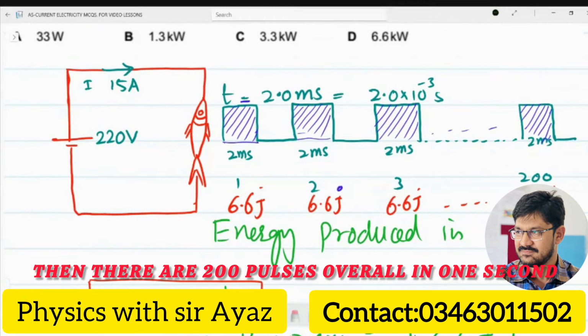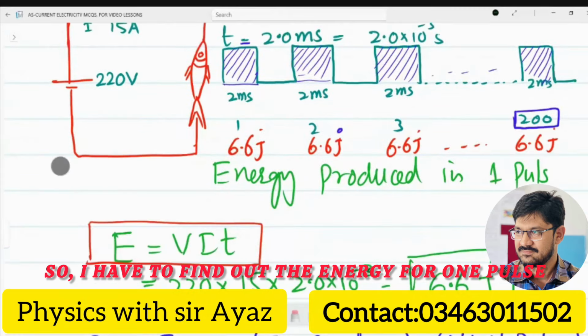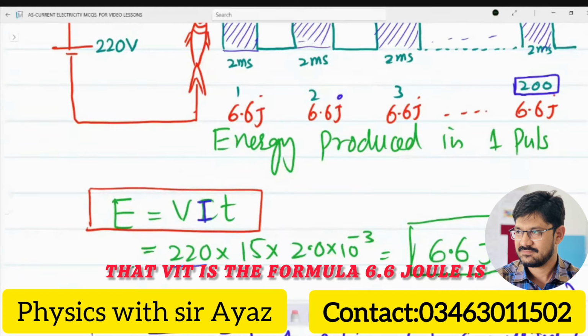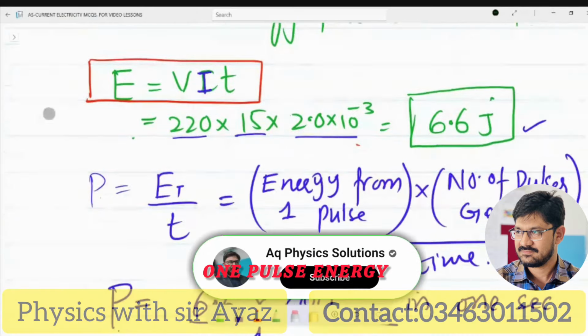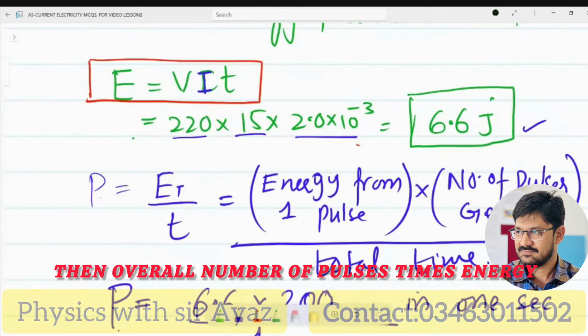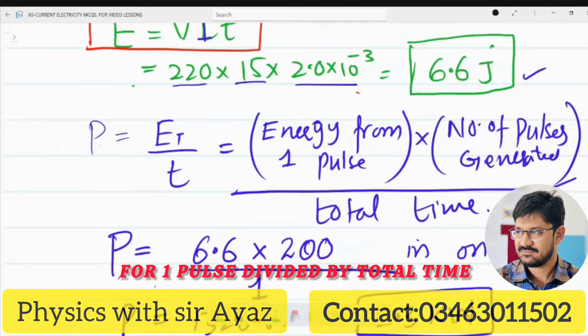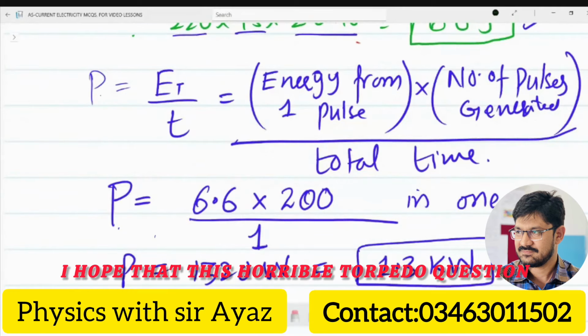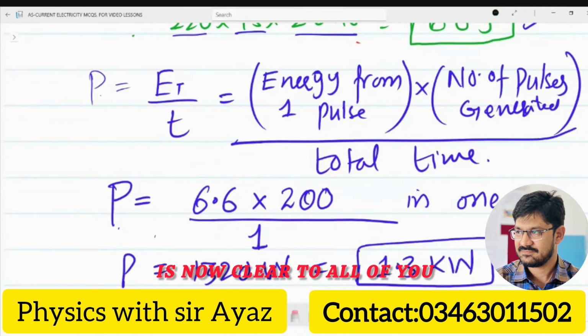Then there are 200 pulses overall in 1 second. VIT is the formula for the energy of one pulse. Then the overall number of pulses times energy for one pulse divided by total time. Total time is 1 second. So 6.6 times 200 divided by 1, you get 1.3 kilowatt. I hope that this horrible torpedo question is now clear to all of you.